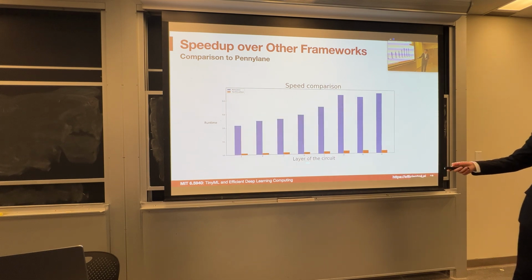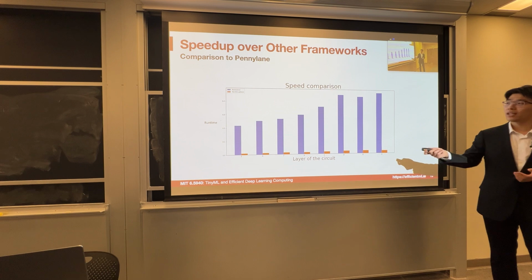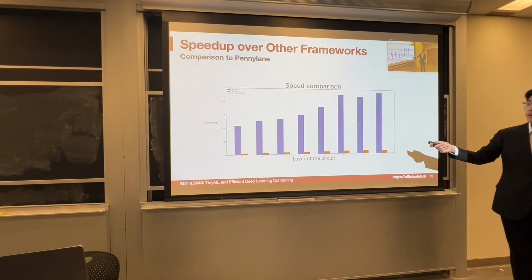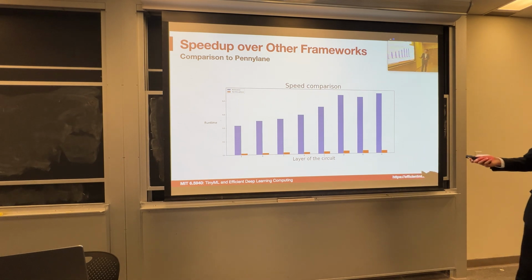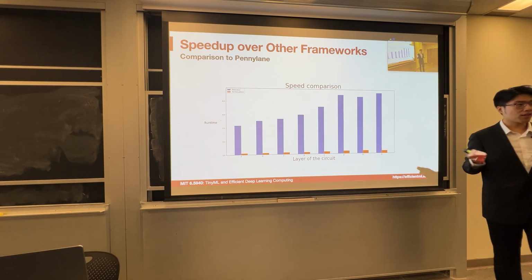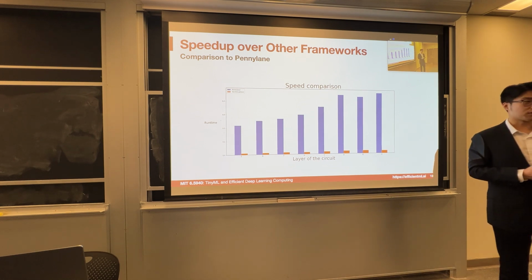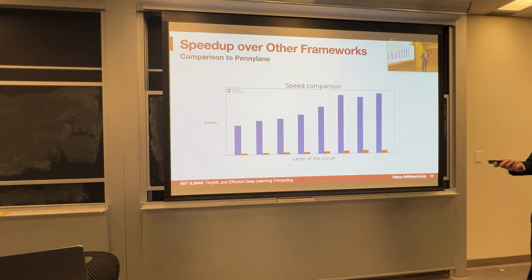Also for a large number of layers, for PennyLane we have to do that sequentially with low parallelism. But for TQ here, we have a very small increase of the runtime compared with PennyLane. So using TQ, overall, you can leverage the power of the existing GPU frameworks to accelerate all the simulations. So that would be much faster than the other frameworks.